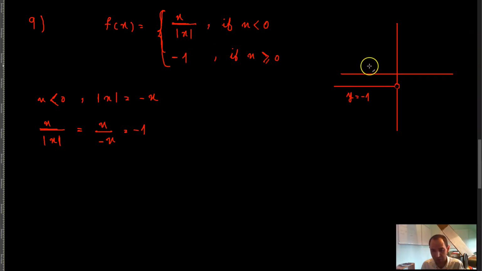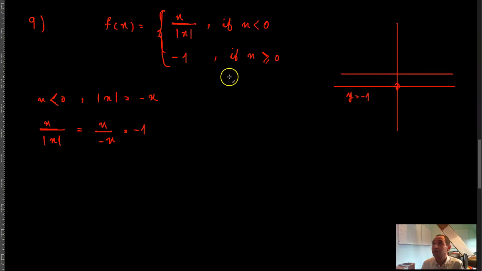So it just means that basically your function is continuous all throughout, meaning that for x is less than 0, your output is -1. For x is greater than or equal to 0, your output is -1. So basically then there is no discontinuity in the function.